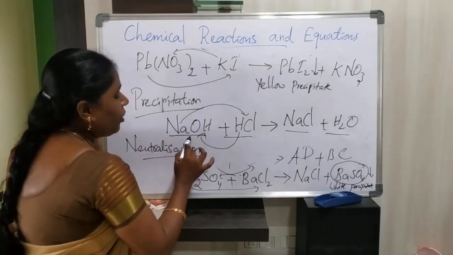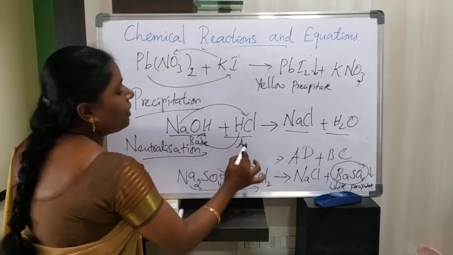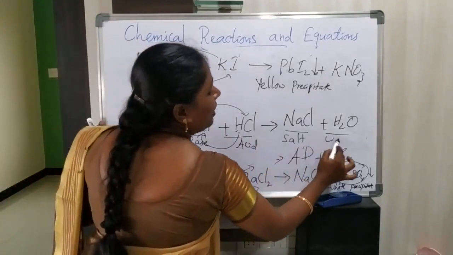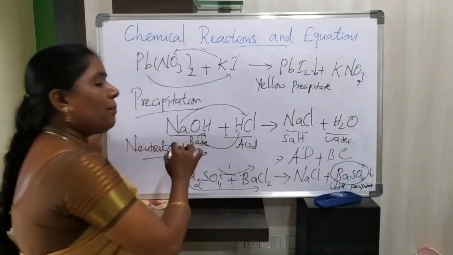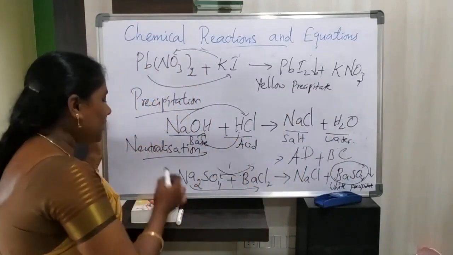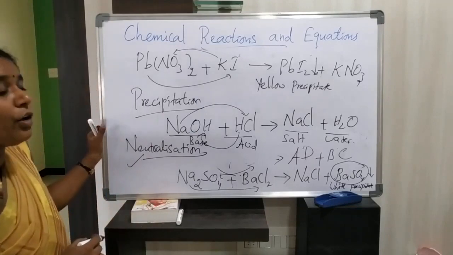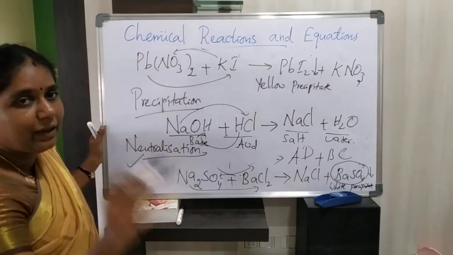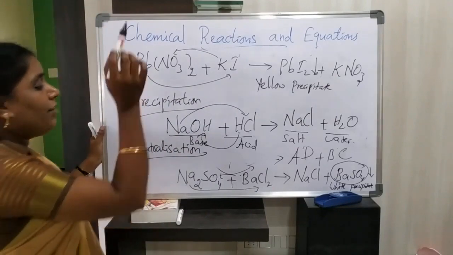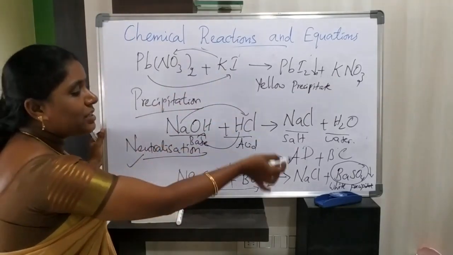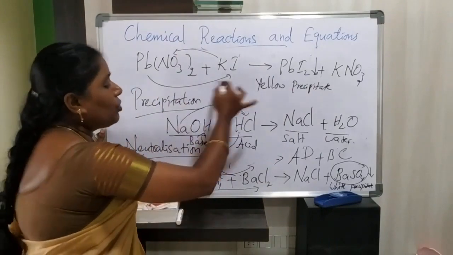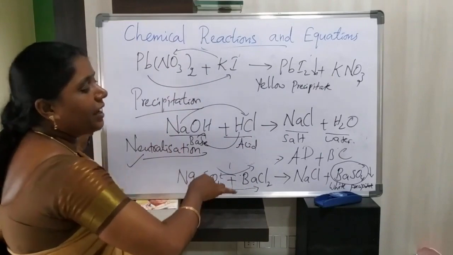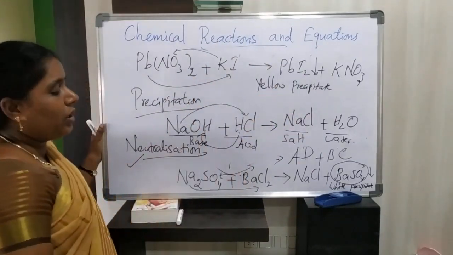Sodium hydroxide is a base, hydrochloric acid is an acid, and they form salt and water. So when acid combines with base to form salt and water, the reaction is called a neutralization reaction. This neutralization reaction is also a double decomposition reaction, because during neutralization, sodium and hydrogen exchange their ions to form salt and water.